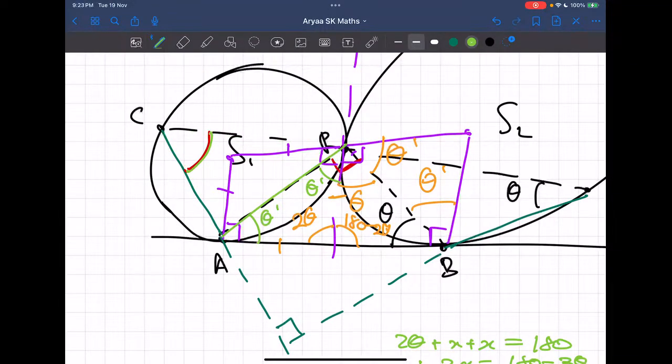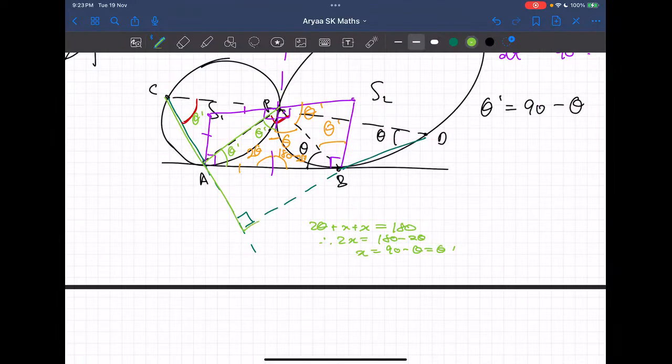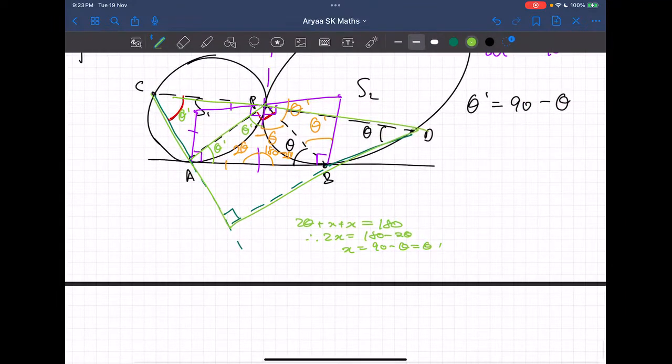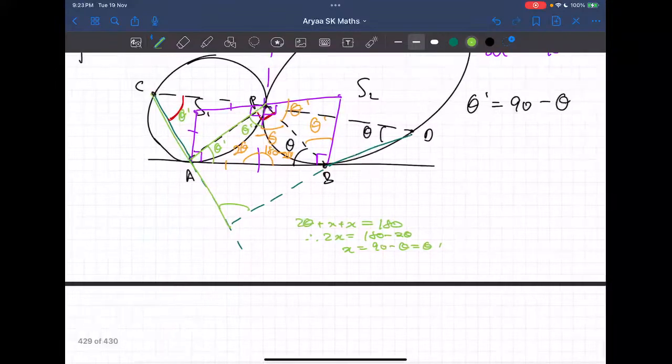So we can say that this angle is theta dash. And therefore we'll look at this entire triangle here. We assumed that this was a right angle, but now we actually can say that it is a right angle. We'll say, so now we know this angle is going to be 180 minus theta dash minus theta.